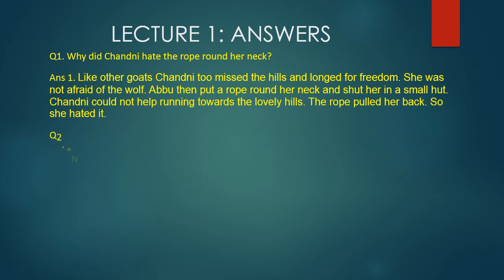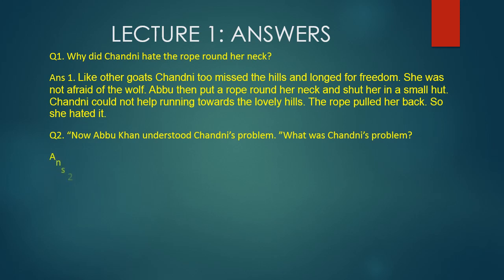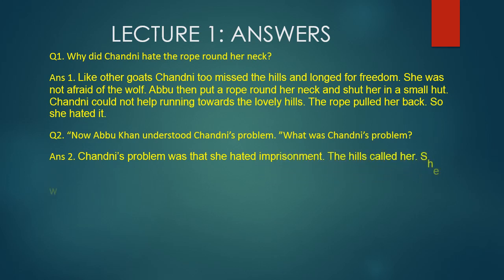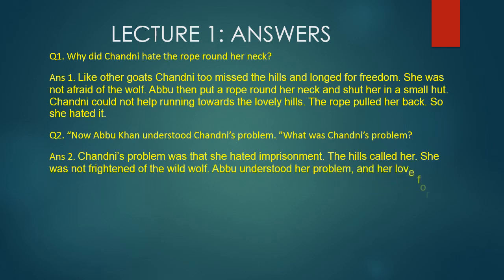Clear? Question number 2. Now Abbu Khan understood Chandni's problem. What was Chandni's problem? Answer 2. Chandni's problem was that she hated imprisonment. The hills called her. She was not frightened of the wild wolf. Abbu understood her problem and her love for freedom.